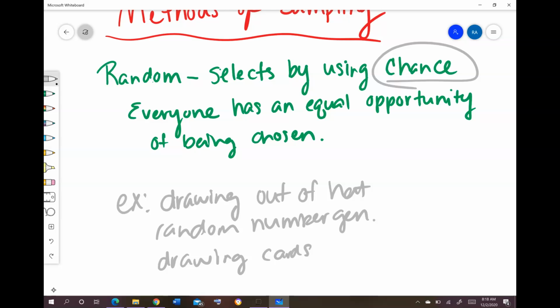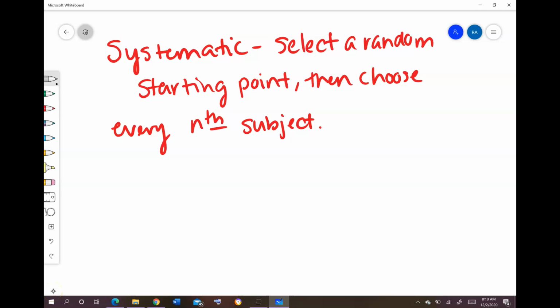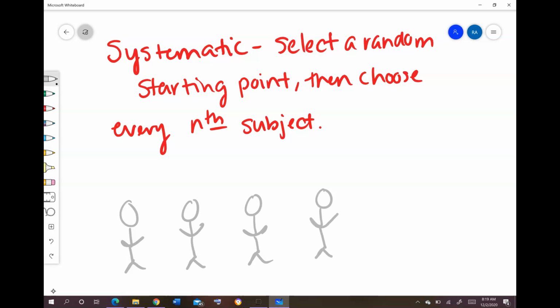All right, the next one is a fan favorite: systematic. You select a random starting point and then you choose every nth subject. So say you've got some people standing in line. We're going to draw stick people, and I'm pretty good at drawing stick people. We have people lined up and we want to survey every second person.